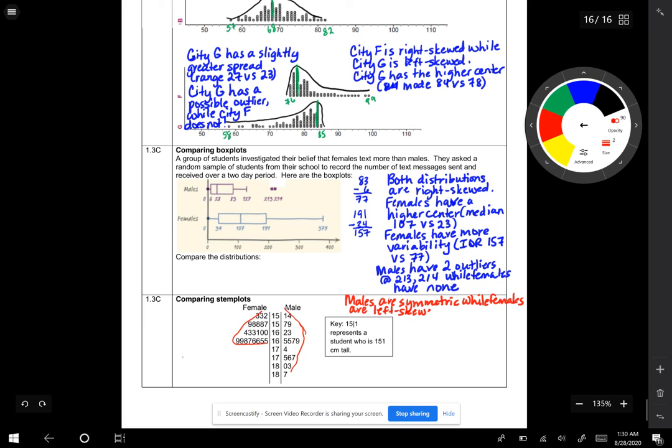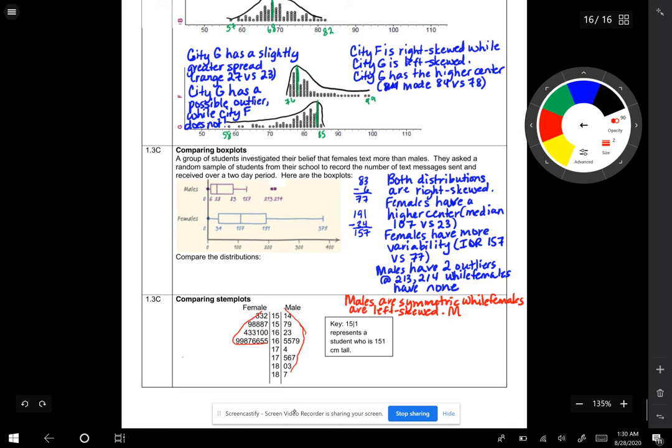Now, what I did here to save time is I entered all these in a list and then had it calculate the median, the Q1, Q3, because I was not about to go and cross numbers out to find what the middle was. This is when you really want to have a graphing calculator handy because you have so many data values.